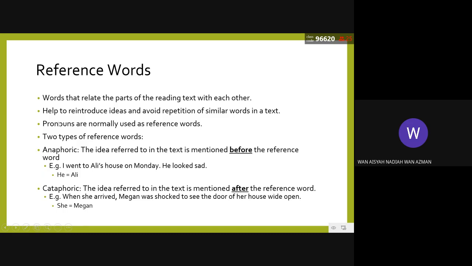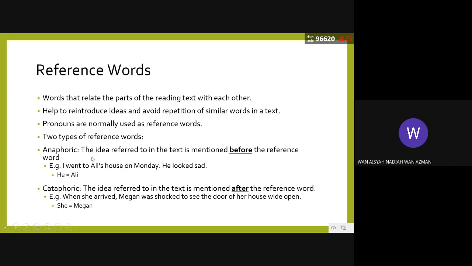"He" here is a pronoun, and it refers to Ali. Okay, it is about Ali. So the idea referred to in the text, which is Ali, is mentioned first. Only then do we have the reference word, "he".